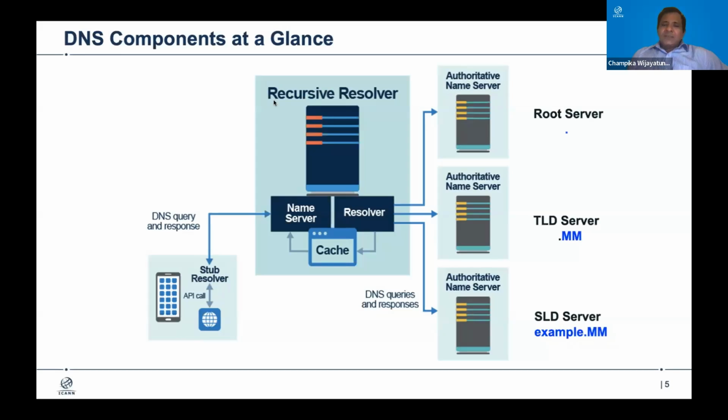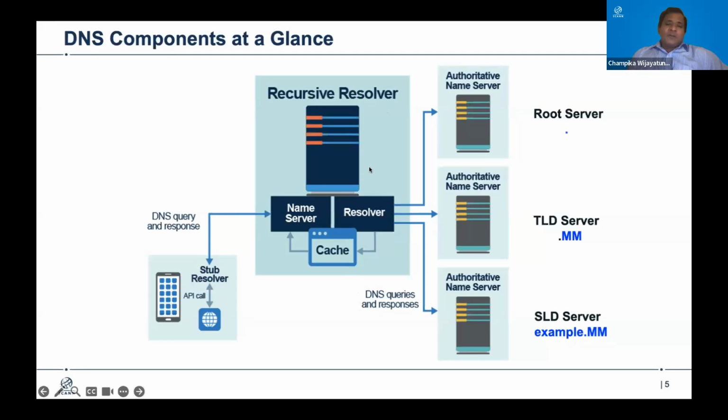Right? So these recursive resolvers are operated by the network operators. So network operators, ISPs, mobile operators, and so on. They are the ones who are typically running these recursive resolvers. But there are other organizations as well. There are public resolver operators.